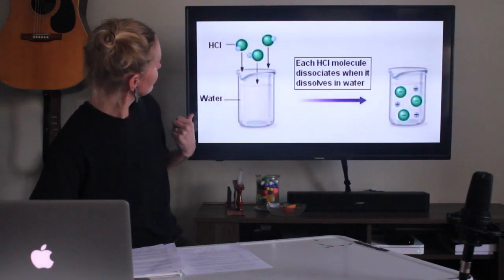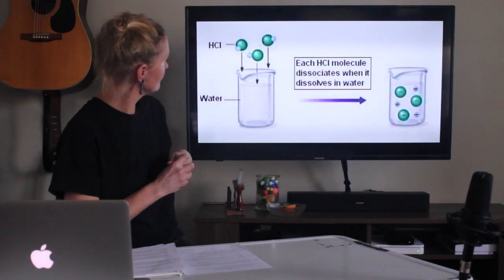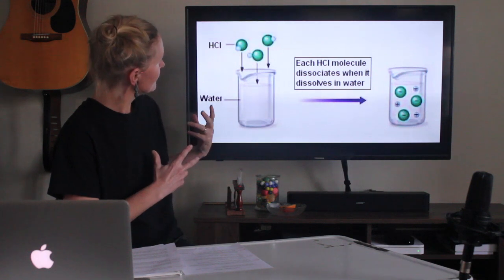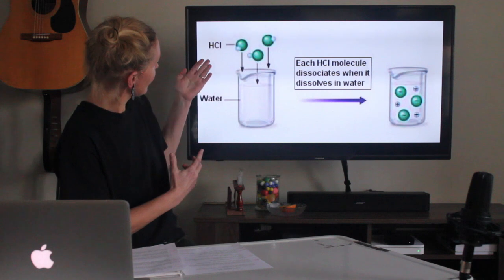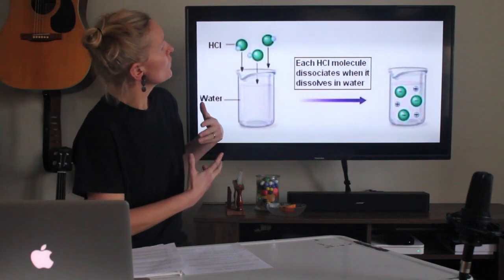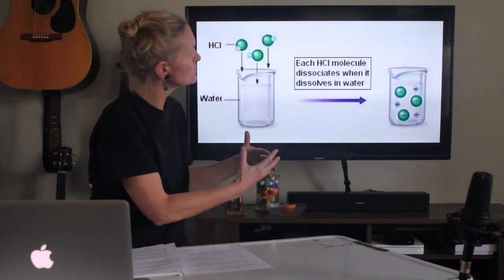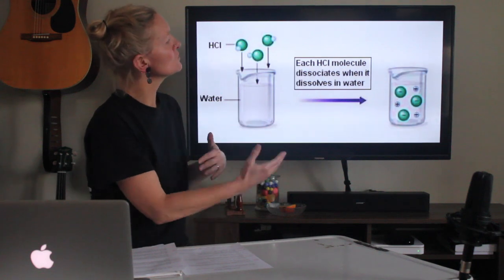So here we have an example of an acid that is dissolved in water. And this acid, HCl, is going to dissociate in solution with water into its ions.